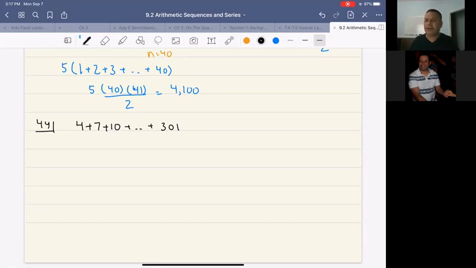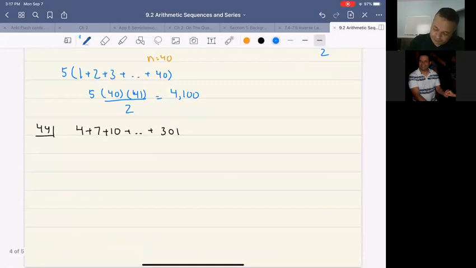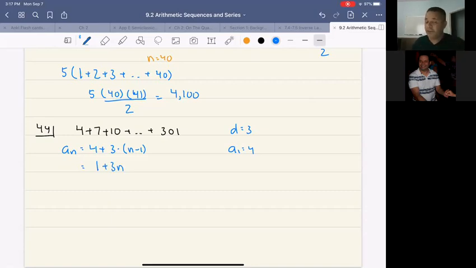First, we have to find the form of the sequence. Here our d equals 3, our a sub 1 equals 4, so our a sub n equals 4 plus 3 times n minus 1. We could write that as 1 plus 3n. So we got our form of our sequence.